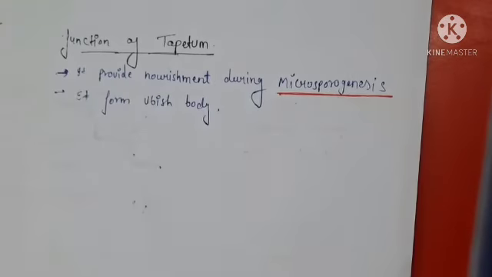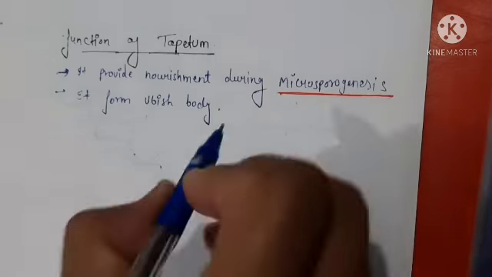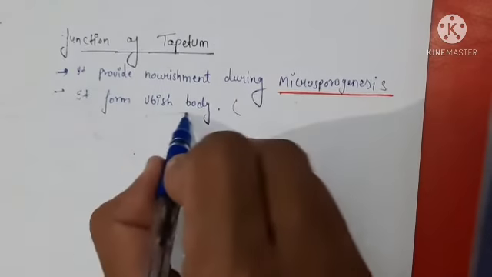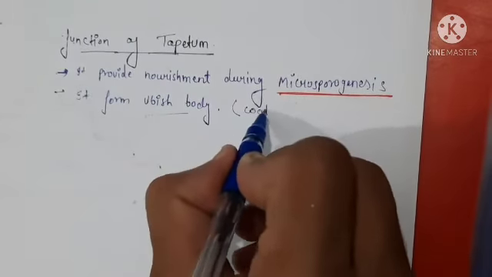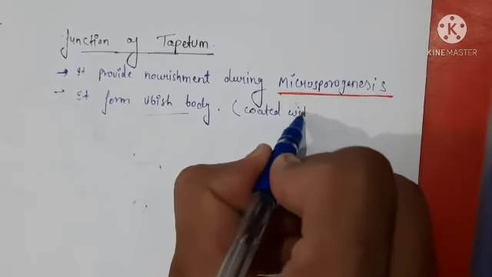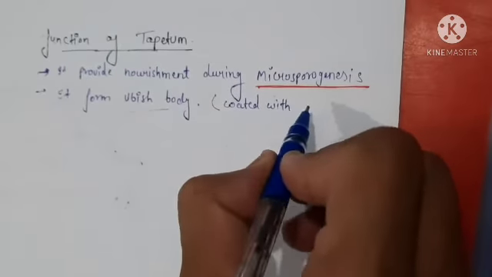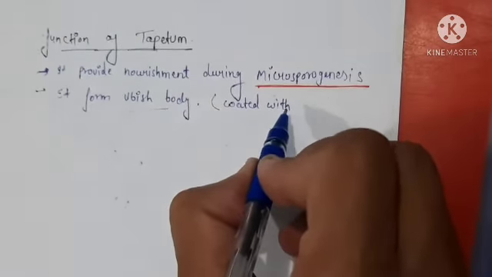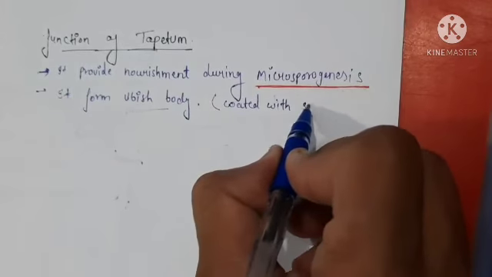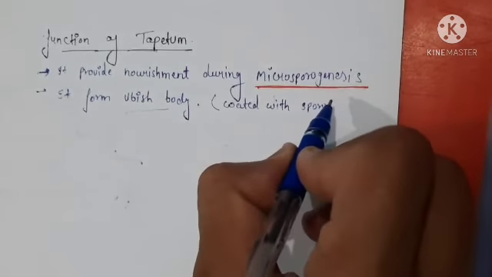So friends, what are Ubisch bodies? Ubisch bodies means they are coated with sporopollenin.